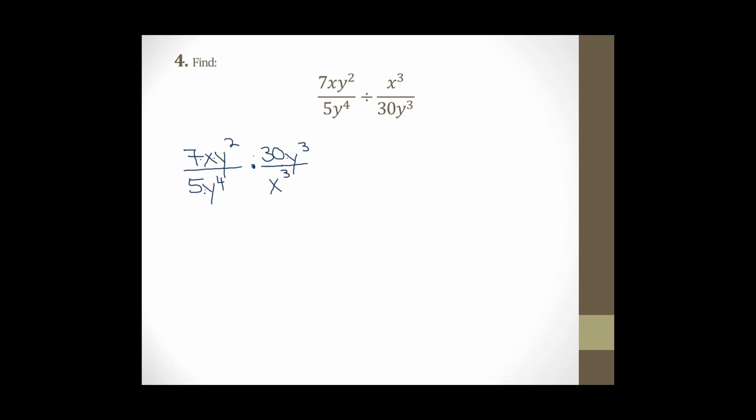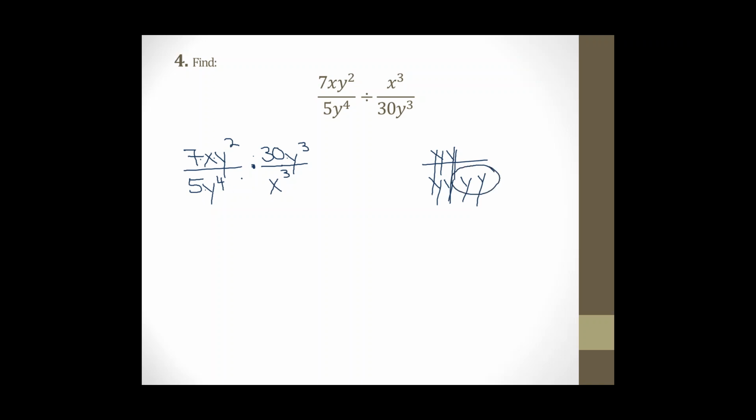For example, I have y to the 4th in the bottom and y squared on top. Because this is division, the rule for variables with exponents is you subtract. Or you can do your little side work of having 2 y's on top and 4 y's in the bottom, and then 2 of these would cancel out, so you're left with 2 in the bottom.